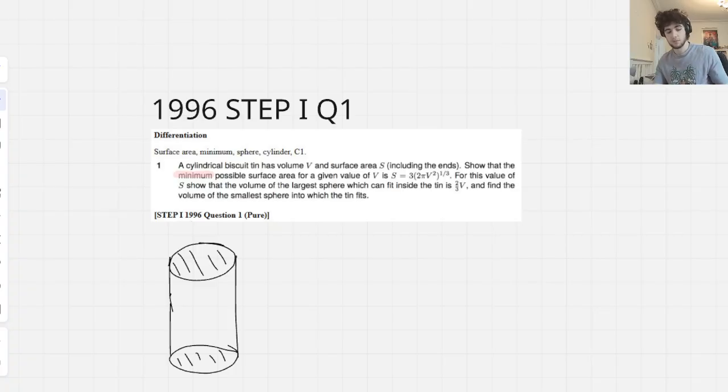Okay, and the volume of a cylinder is given by pi r squared h. That's an important formula here. And if you forgot and you wanted to remember it in the exam, you can just think of a cylinder as a circular prism, right? Effectively, it's just lots of circles of the same size stacked on each other.